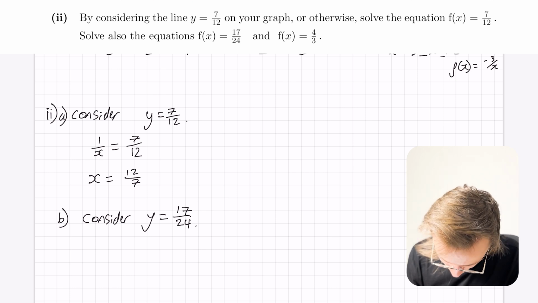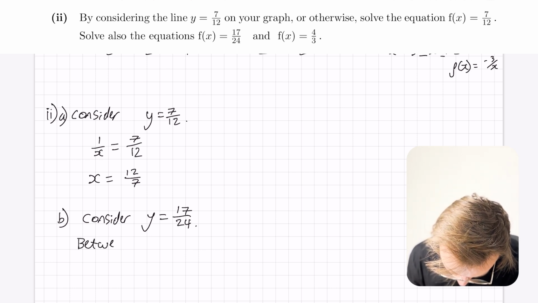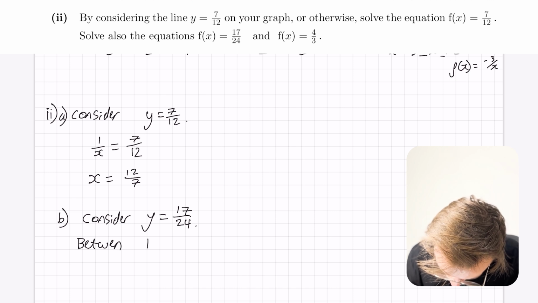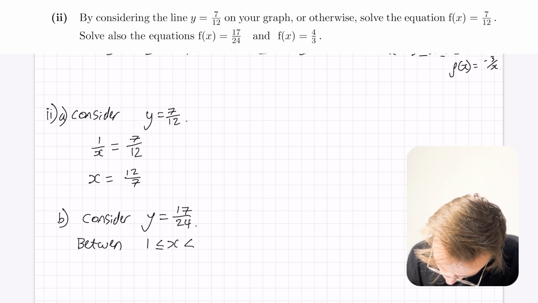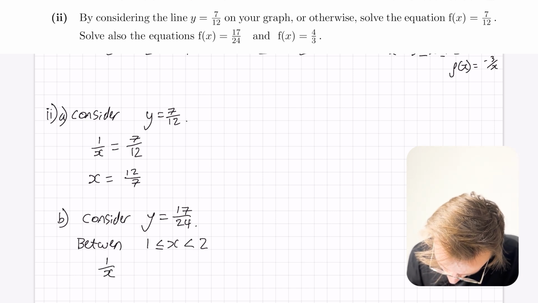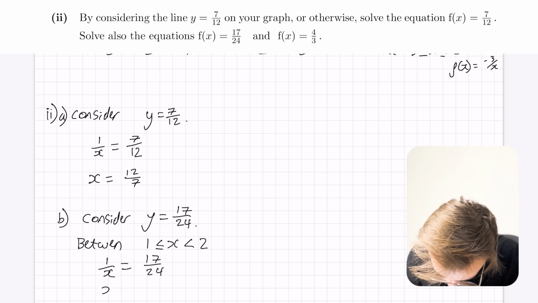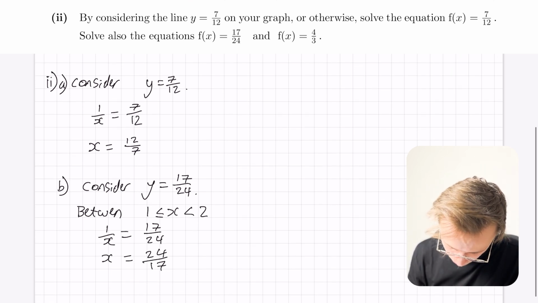So first we need to solve, so let me write between 1 less than or equal to x less than 2. We need to solve 1 over x equals 17 over 24, which implies x equals 24 over 17. Okay, that's one solution.